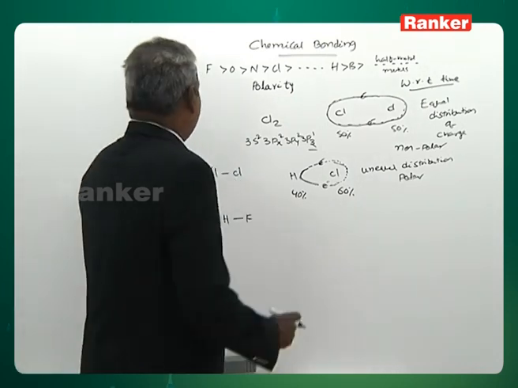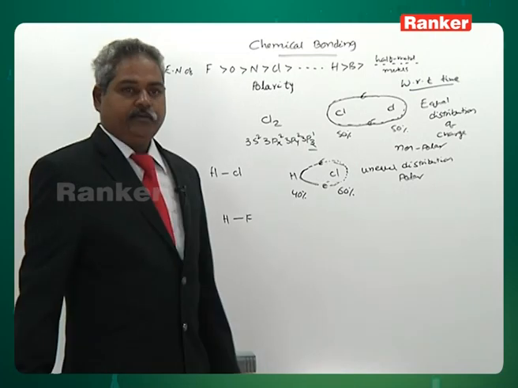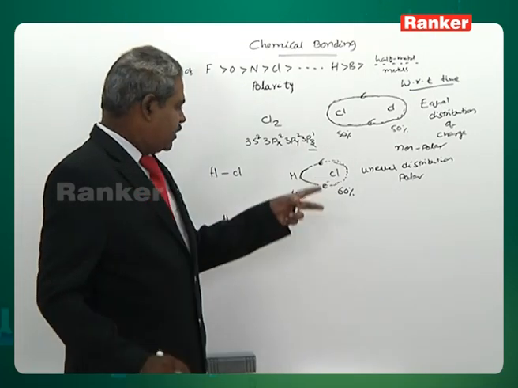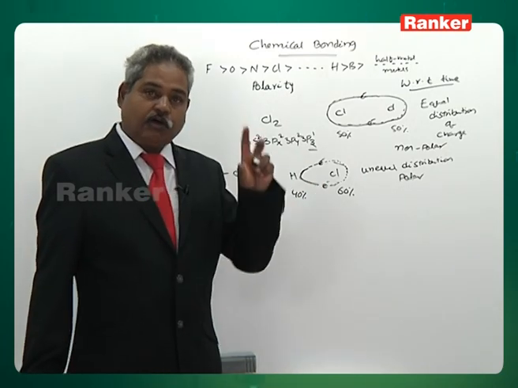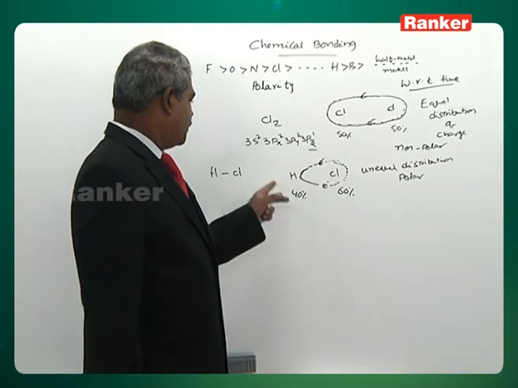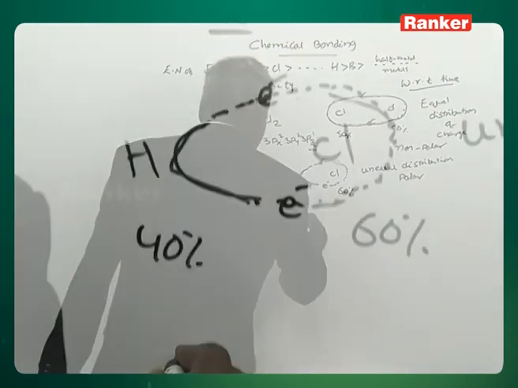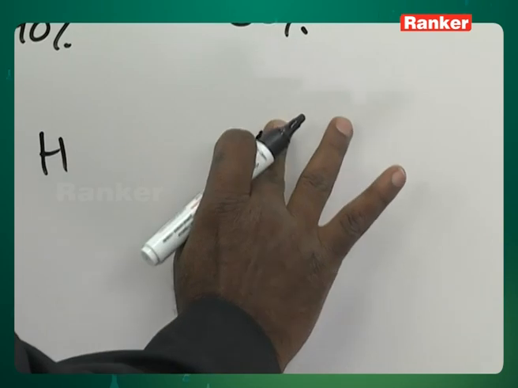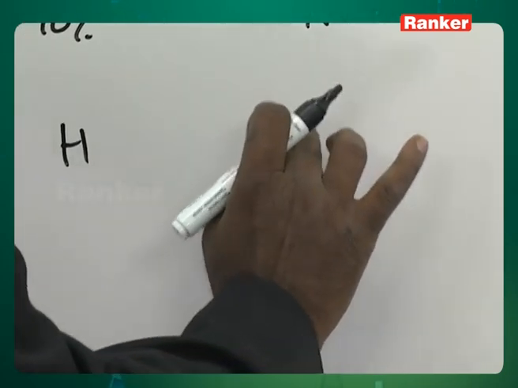Fluorine is in fact the most electronegative. Therefore, it keeps the electrons more towards itself. The electrons will not leave fluorine at all. They stay a long time with fluorine and spend very few moments with hydrogen. Hydrogen, fluorine. Unequal distribution. Look here.